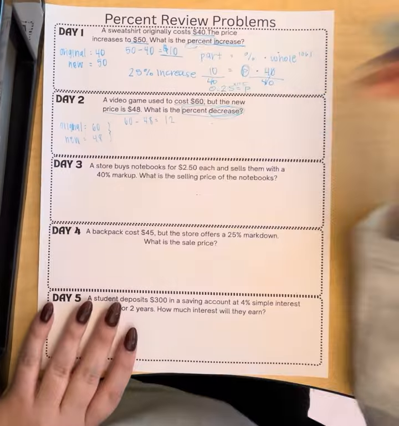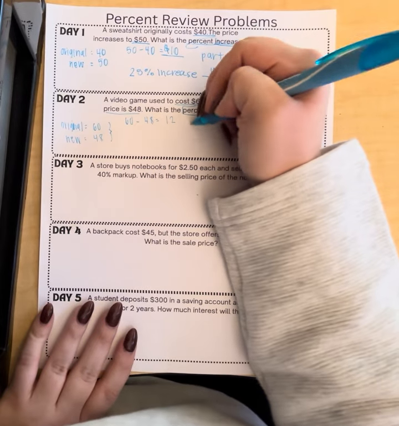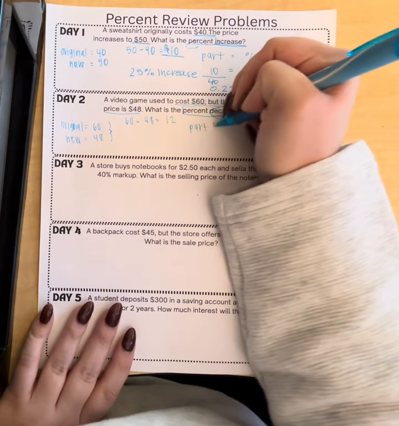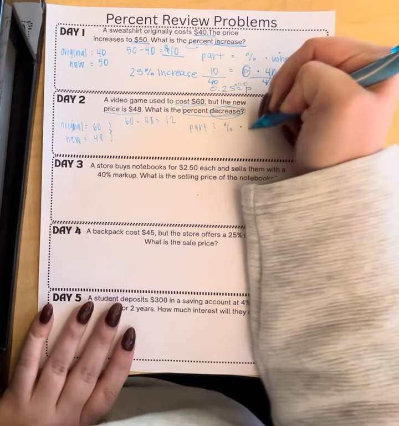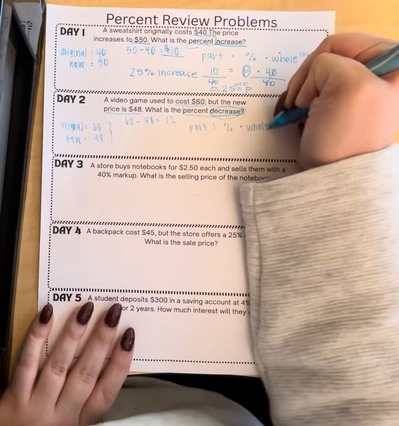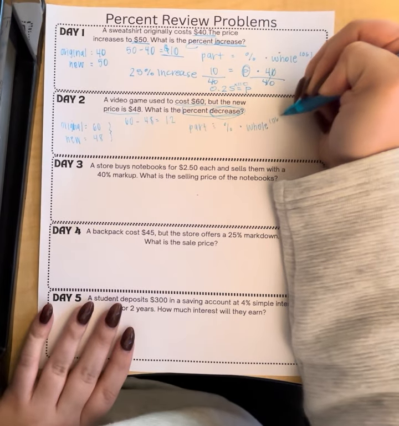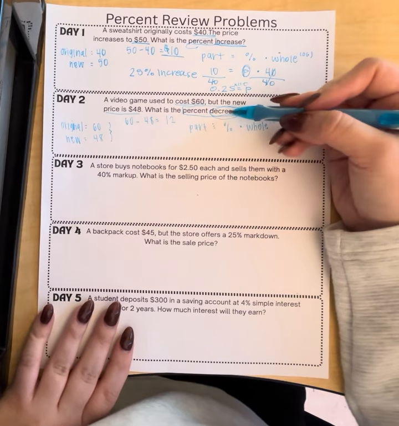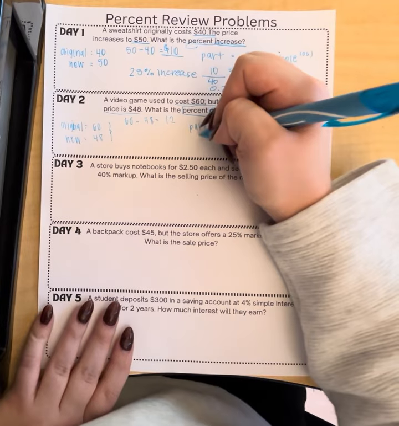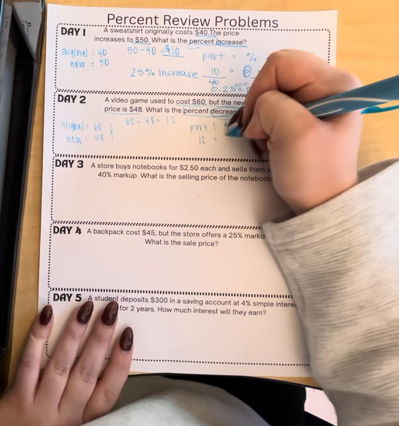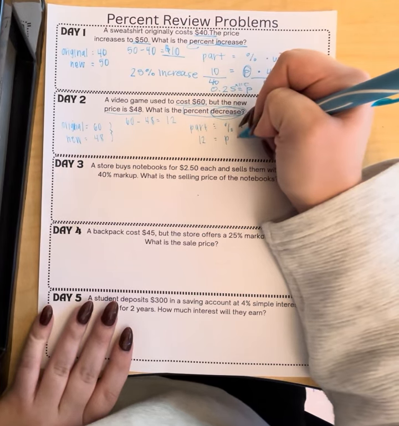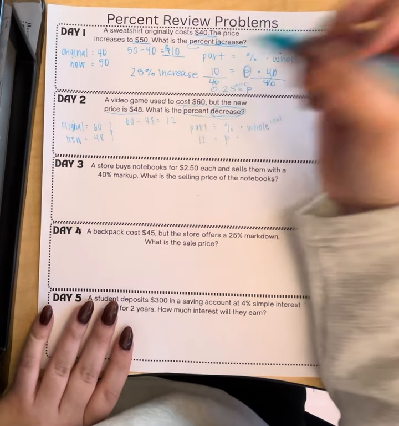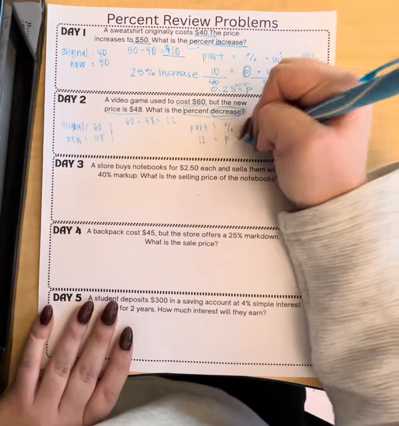Now, after that, I need to do my equation, which is part equals percent times whole, and I need to plug in my information. My whole is also known as my OG value. So my part that it decreased by was 12 equals my percent, which I don't know, so P times my original value, which is 60.